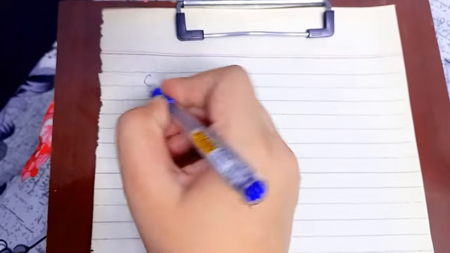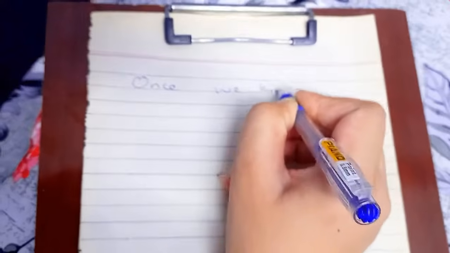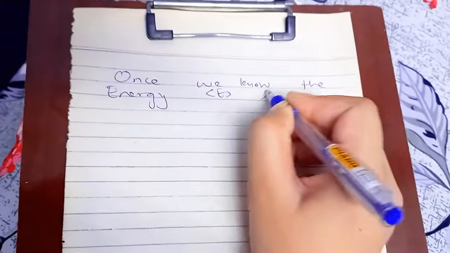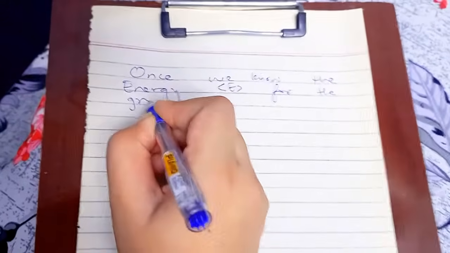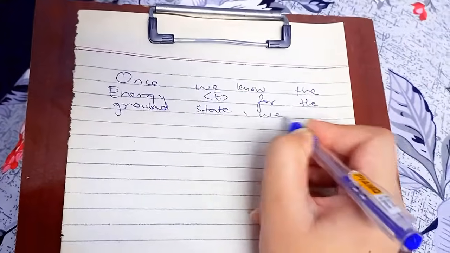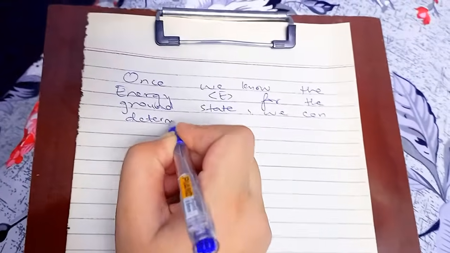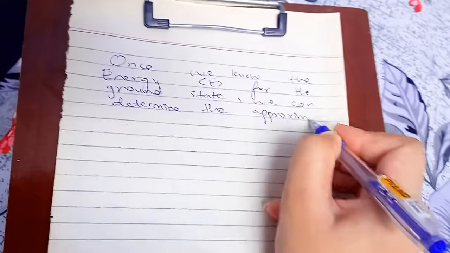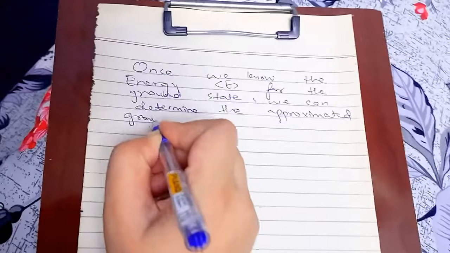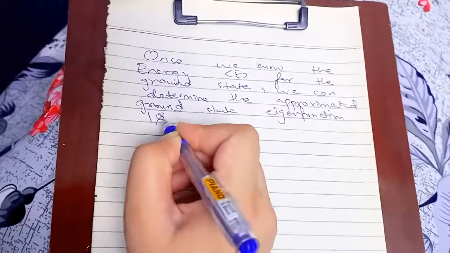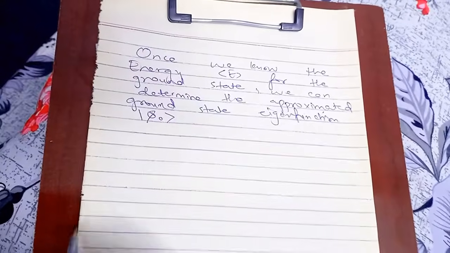Okay, so once we know the energy for the ground state, we can determine the approximated wave function, the approximated ground state wave function, ground state eigenfunction, you can say in other words. Let's denote it by this symbol.